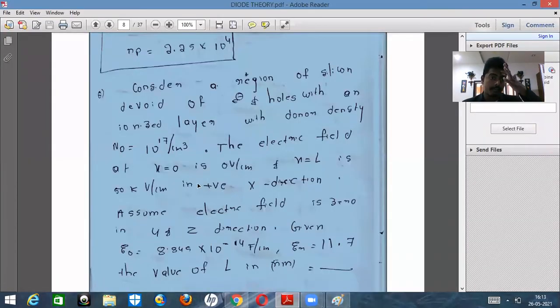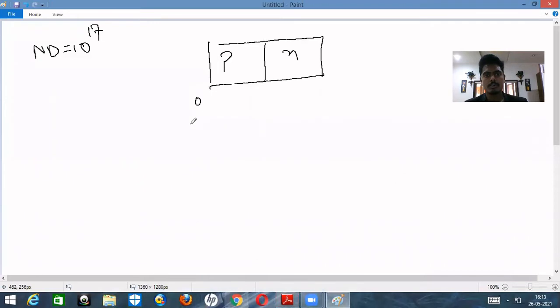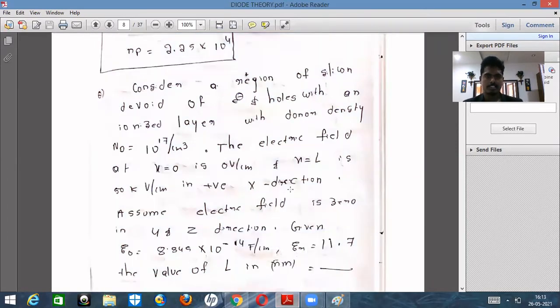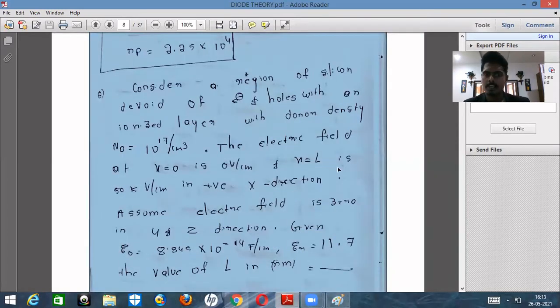And after that, the electric field at x equal to 0 is 0 volt per centimeter, and at x equal to L it is 50 kilovolt per centimeter. The distance is in centimeters, so at x equal to L, the electric field is 50 kilovolt per centimeter, right? The field is in the positive x direction.